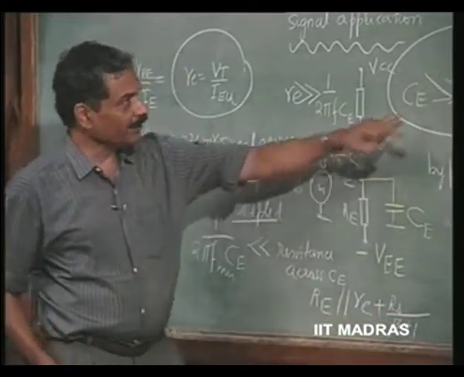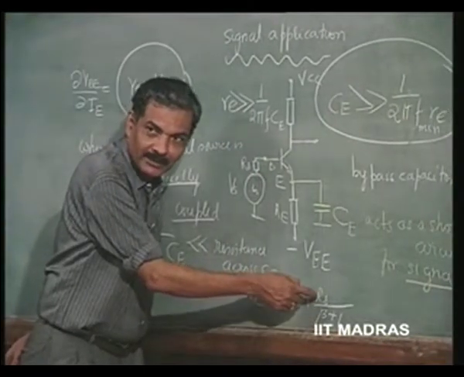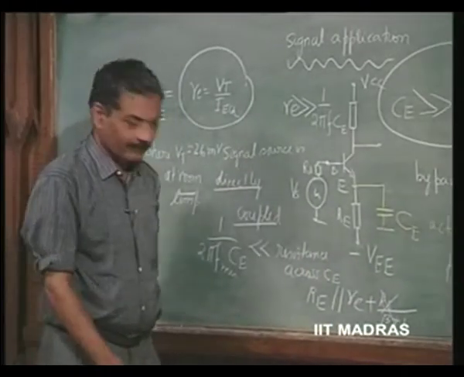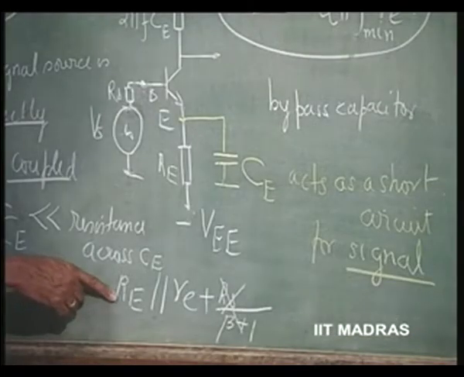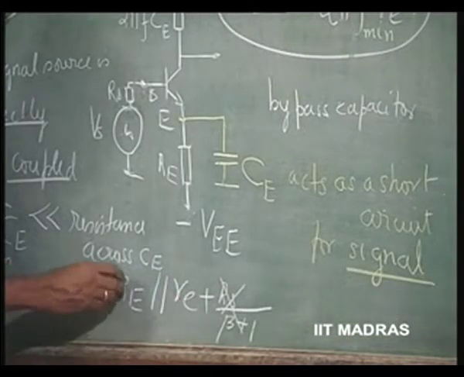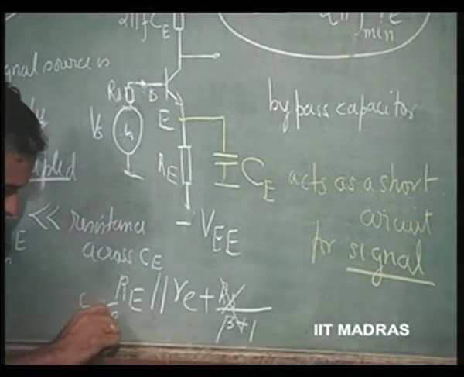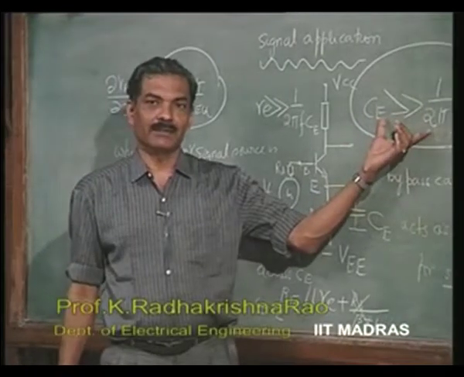Then why did we take only small re? That is because beta is normally very high and Rs itself is very small, so this factor is normally negligible. Then capital Re is very large compared to small re, and therefore this parallel combination results in re. So, normally this design is going to work properly.